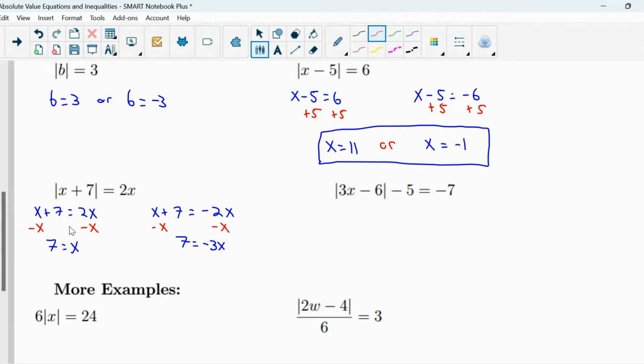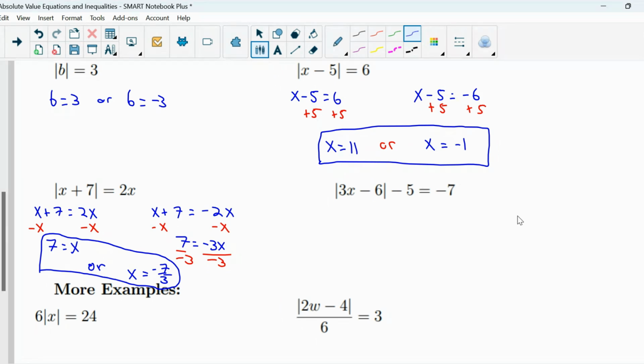So our left side is solved, yet we need to solve our right side. Let's divide by -3, and that will leave us with x equals -7/3, which we can just leave in fraction form. So right there we have both of our solutions.